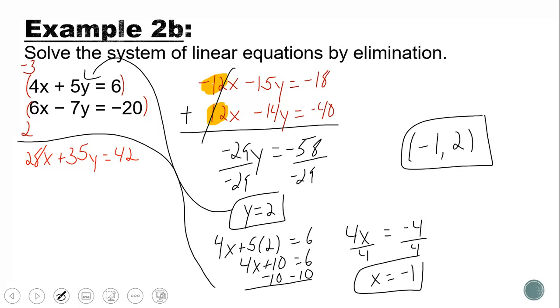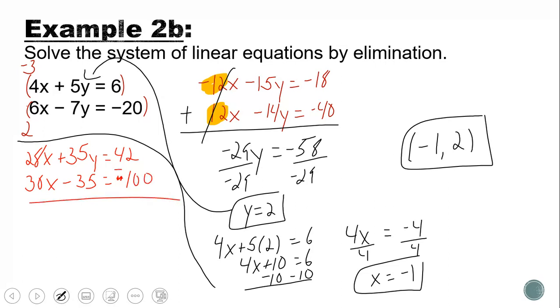Then our bottom one, multiply everything by 5, and you're going to get 30x minus 35y equals, and then -20 times 5 would be -100. Sorry.